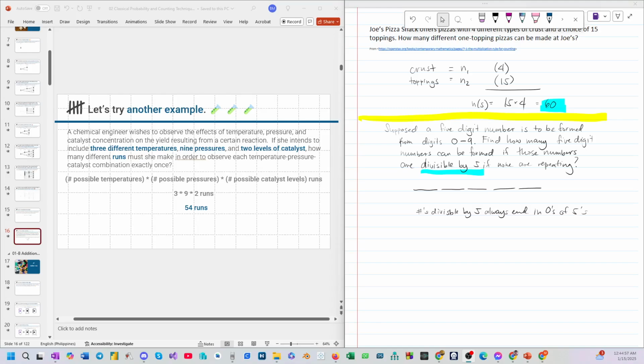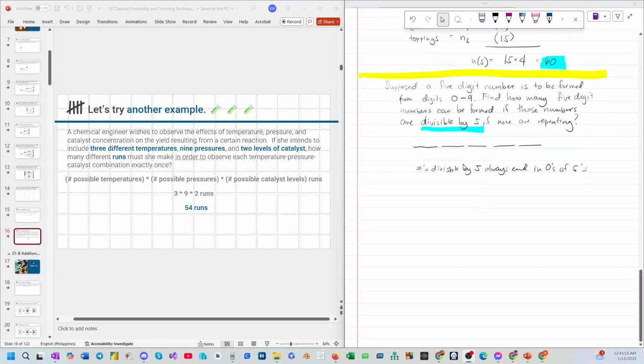In other words, whatever that number may be, numbers that are divisible by 5 always end in 0 or 5. So that will make it easier for our solution.